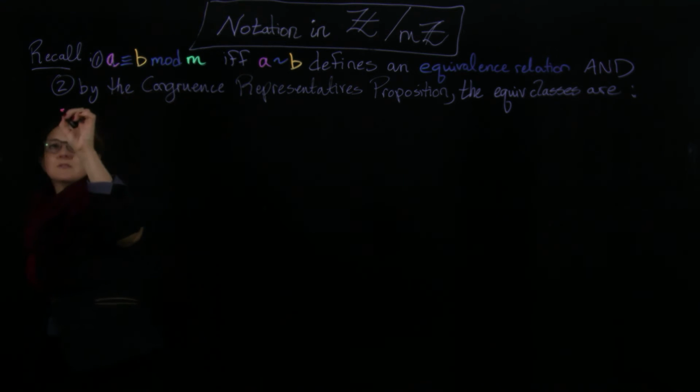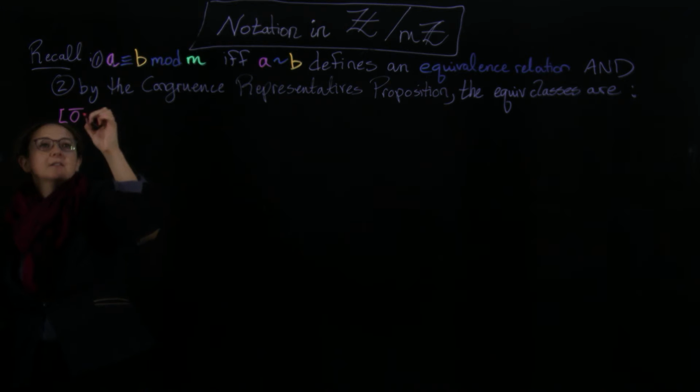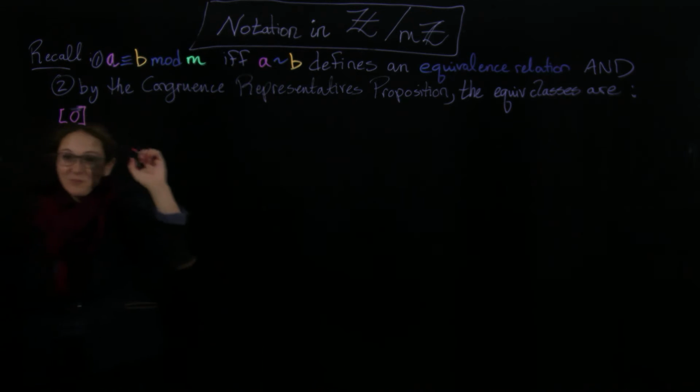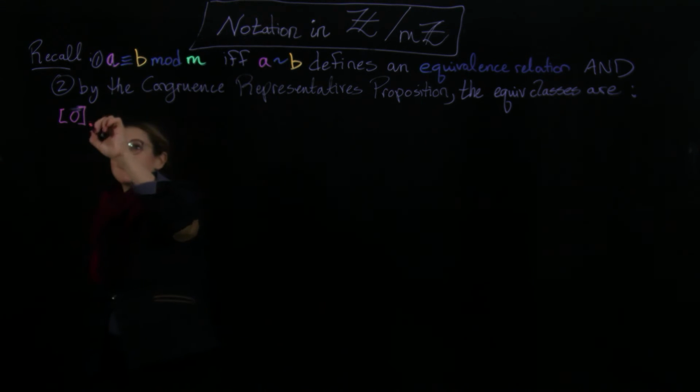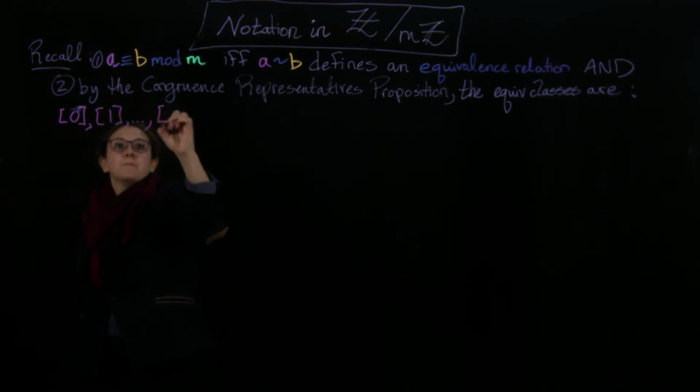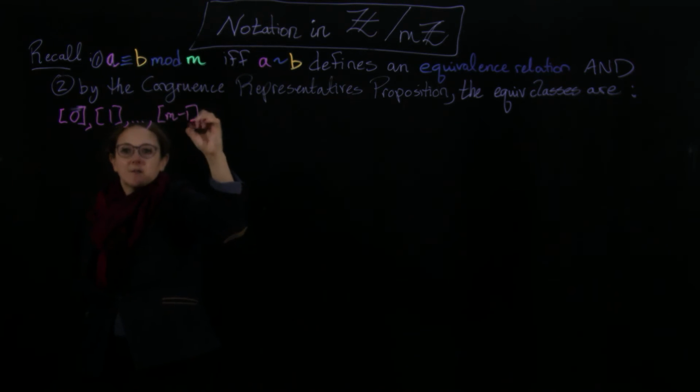We're going to do this again now, suggestively for something else. Our 0 bracket, there's going to be a bar in a moment, this is why I keep on wanting to write it. 1 bracket all the way up to m minus 1.